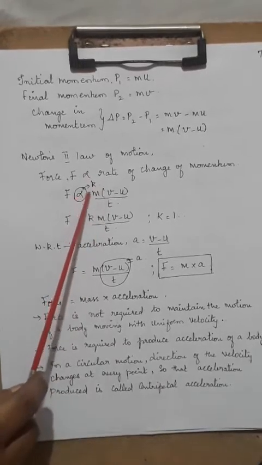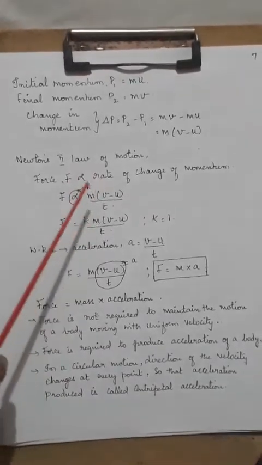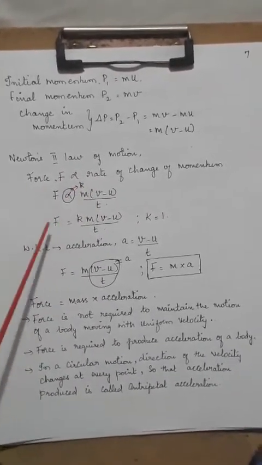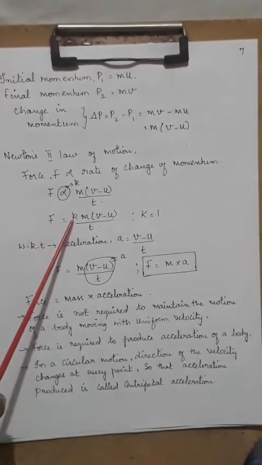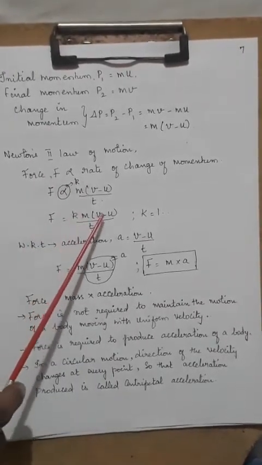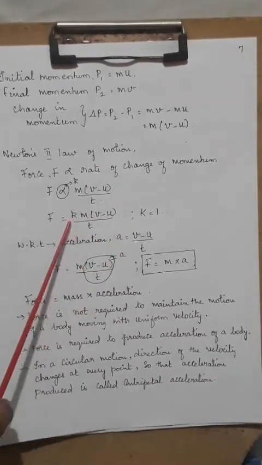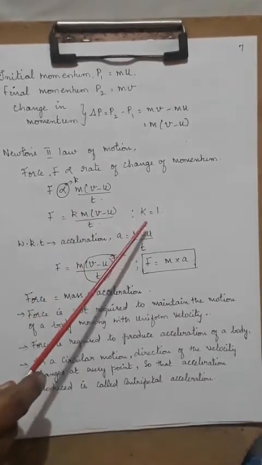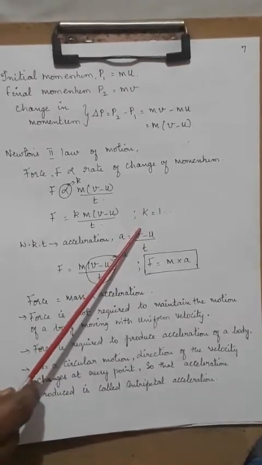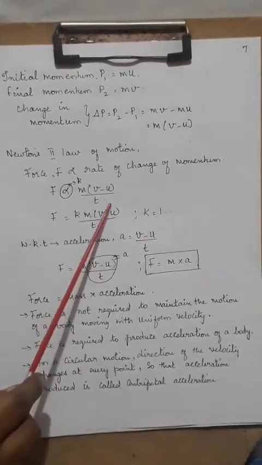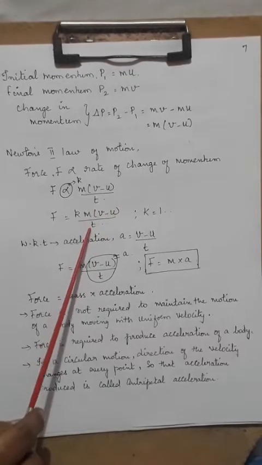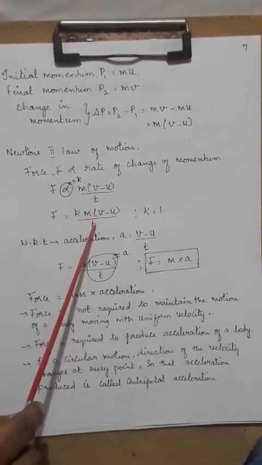When removing the proportionality sign, I need to include a constant. So F will be equal to k into m into (v minus u) by t, where k is equal to 1. Whenever k is equal to 1, this (v minus u) by t, we know that already.